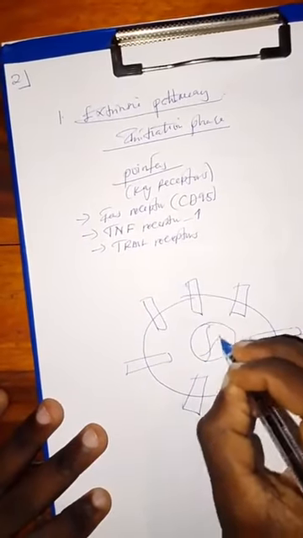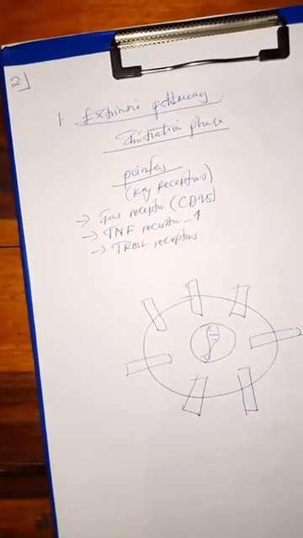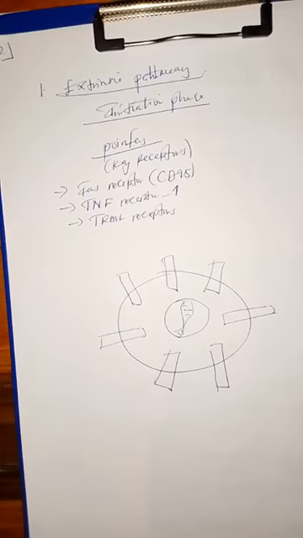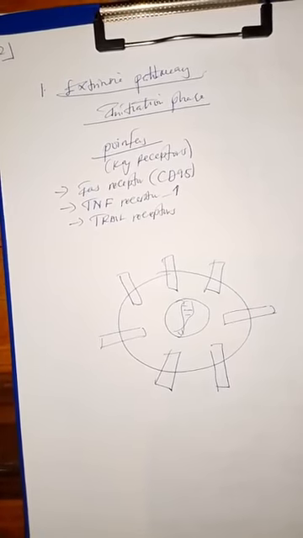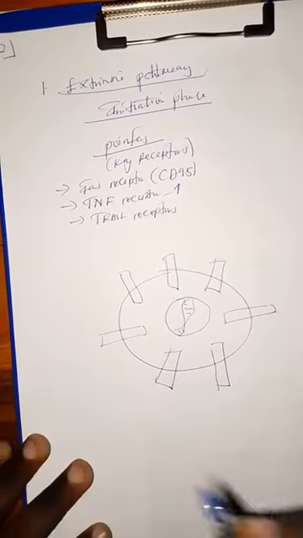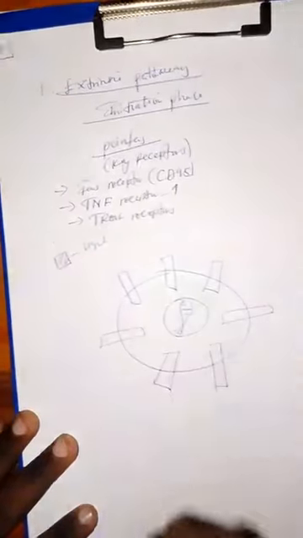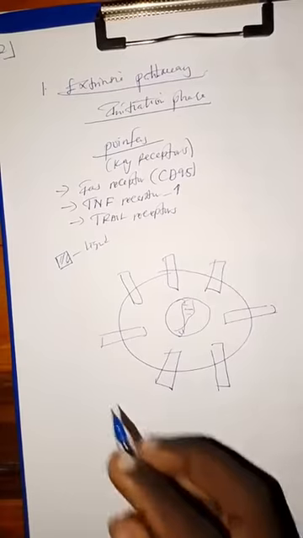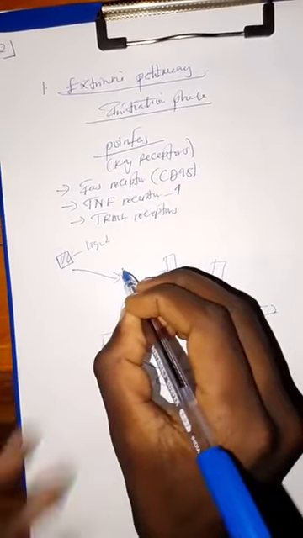Since for the extrinsic pathway the signal is coming from outside the cell, here is the ligand, which is the signal. The ligand can be the Fas ligand, and it is going to bind to this receptor.